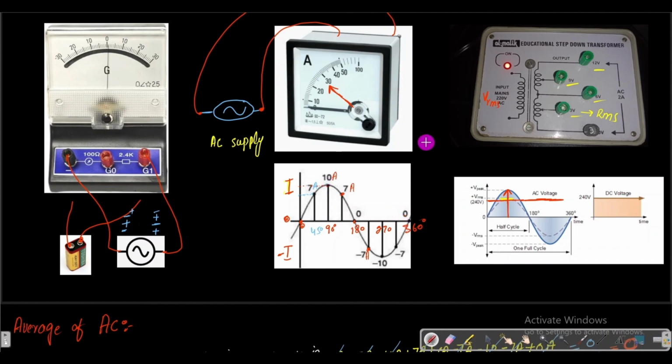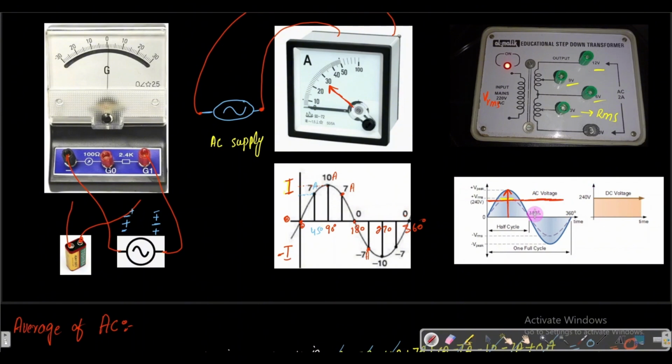In your book the RMS value is defined as follows: the heat produced by the DC voltage will be equal to the heat produced by the RMS value of the alternating voltage.